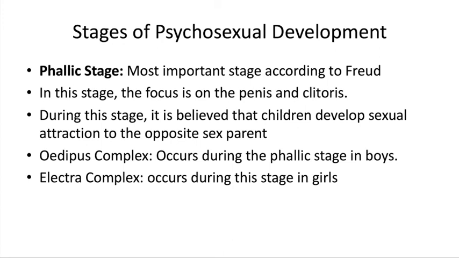One of the most controversial claims Freud made about the phallic stage is that during this stage of psychosexual development, Freud believed that children started developing sexual attraction to the opposite sex parent. So boys would have a sexual attraction towards their mothers and girls towards their fathers.